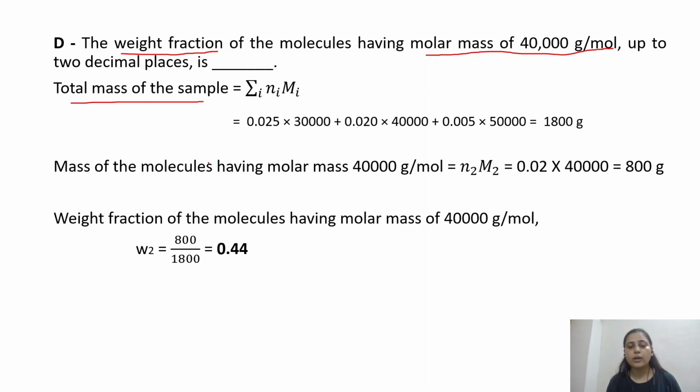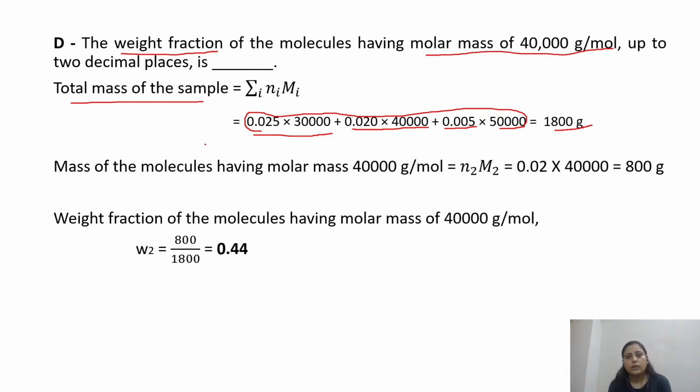Then the chain Y moles and its molar mass, and then chain Z moles and its molar mass. We'll sum all these, and we get 1800 as the total mass of the sample.